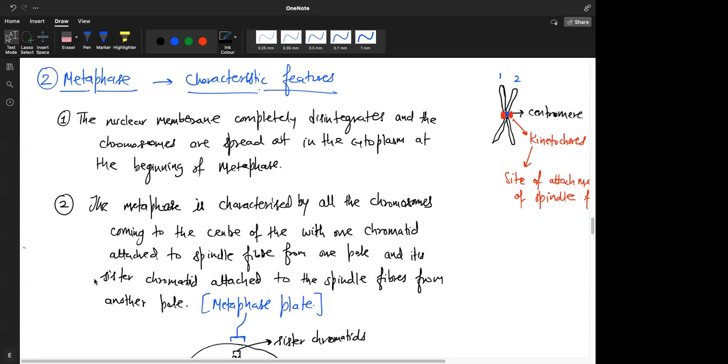Whenever we have to see a chromosome, how do we see it? Chromosomes are just colorless. You cannot see them inside a cell. But we put a stain, which is a positive protein. DNA is negatively charged. You know that? DNA is called deoxyribonucleic acid. It is an acidic molecule. So acids have negative charge on them. If you put a stain which can bind with this DNA, you can see the chromosomes.